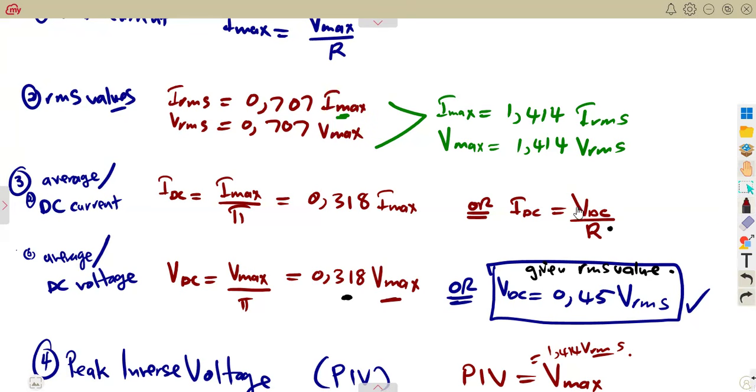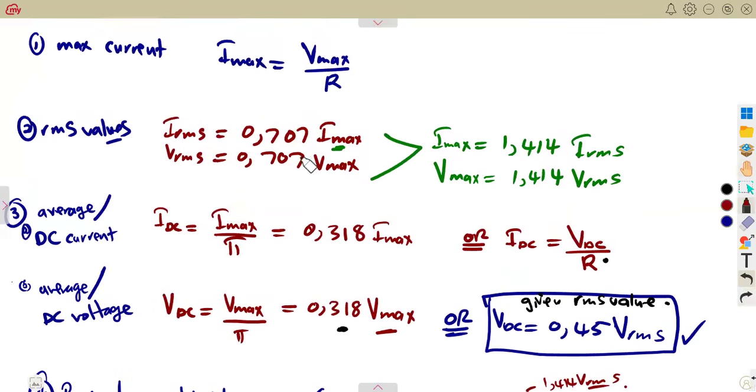Yes, we can do that because we have got the maximum voltage. Then you use this formula, calculating the maximum current. After calculating the maximum current, you use IDC, which is maximum current over pi. It can work. Or you can just use this one because VDC is there and the resistance is there.